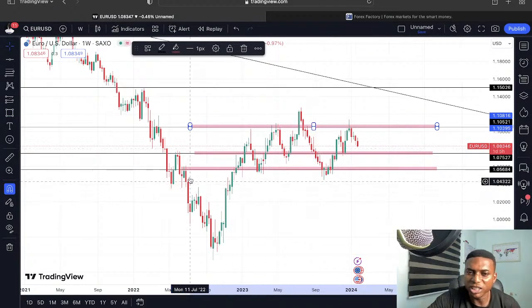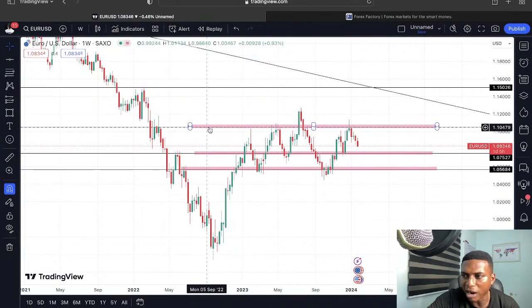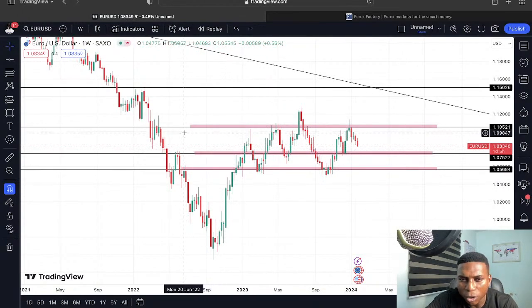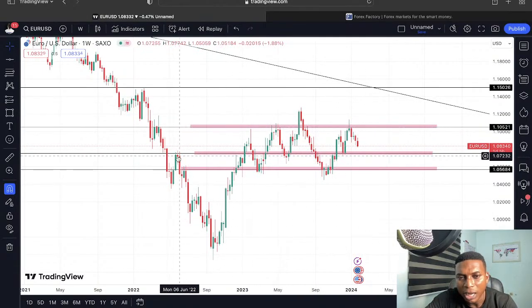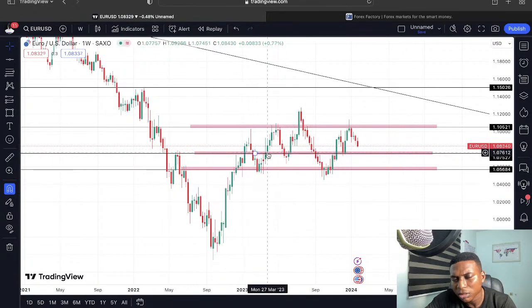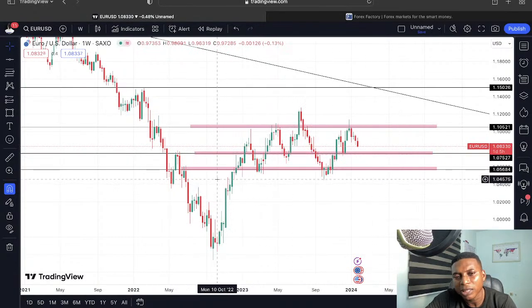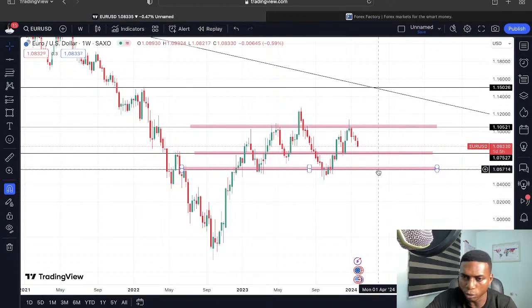This is where we have to keep our eyes on, the price movement within these levels. So we've spotted this resistance zone above, this support zone here, and this other support zone below.